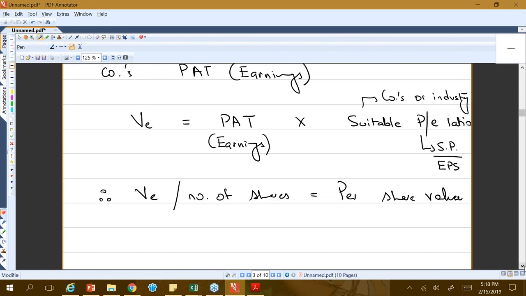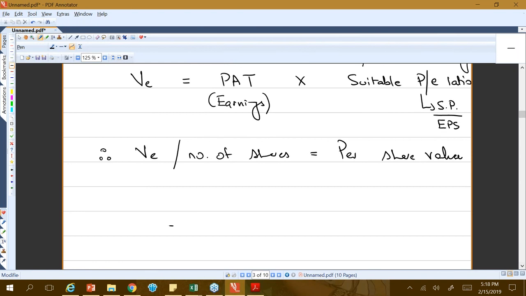Then, if instead of the profit after tax in the above calculation, I use EPS, earnings per share. How do we derive EPS? Well, we derive EPS from profit after tax. EPS is the profit after tax over the number of shares. If I take the EPS into a suitable PE ratio, what I'll get directly here is a per share value.